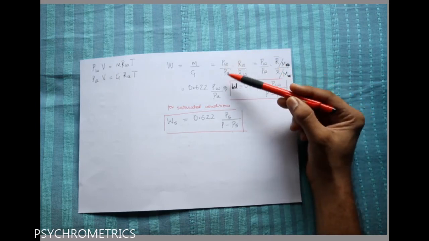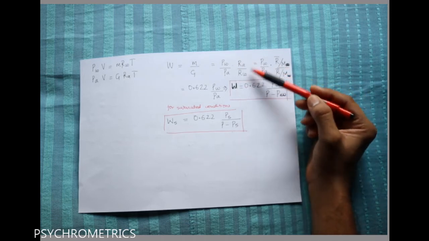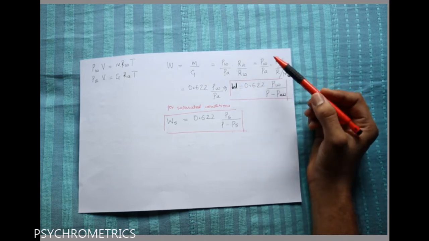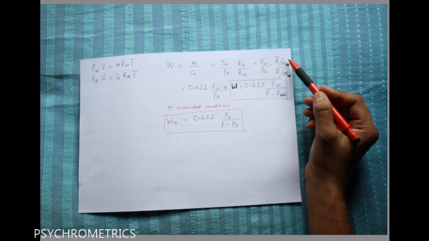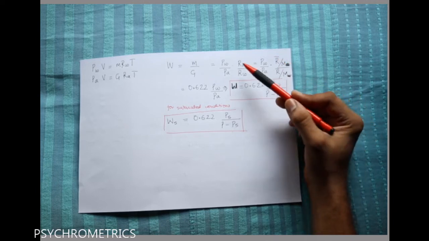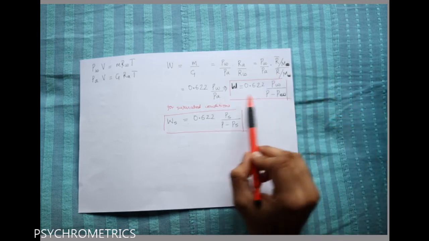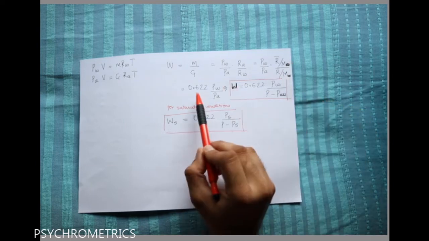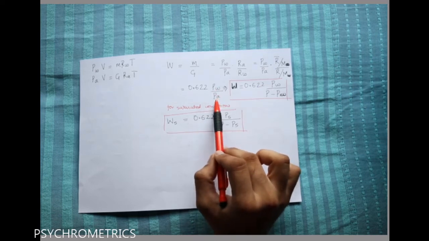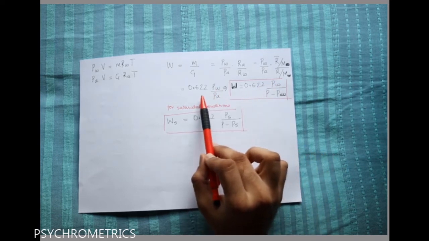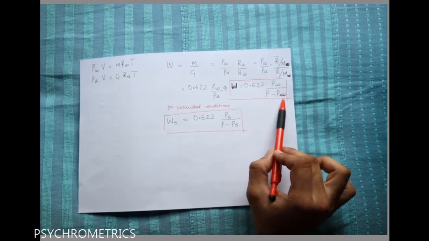We have W equal to PW by PA into RA by RW. Now we further substitute RA and RW as a function of the universal gas constant and the molar weight of the respective component, that is air and water. Once we substitute those, we get 0.622 into PW by PA. Now we can also express PA as overall pressure minus partial pressure of water.